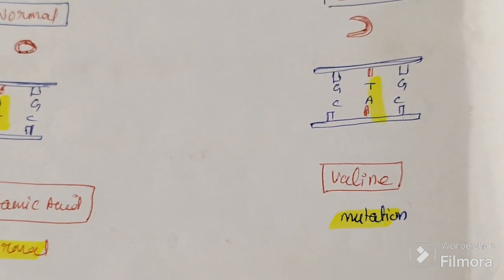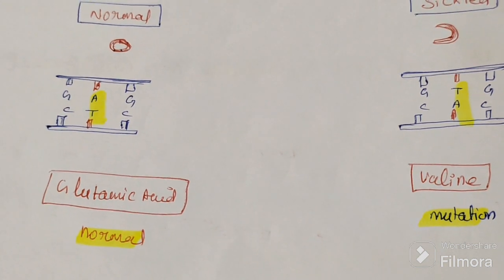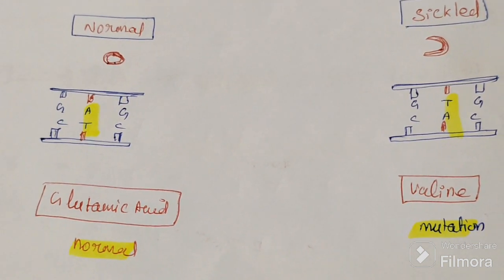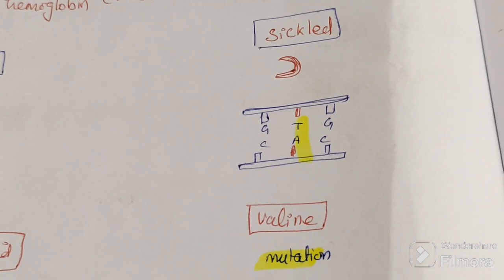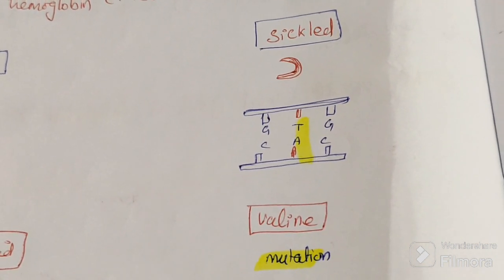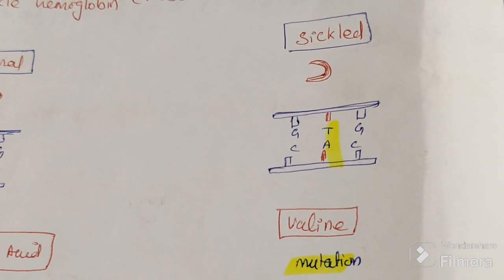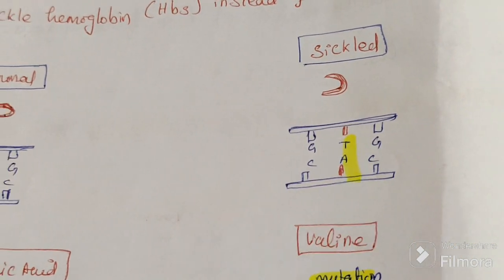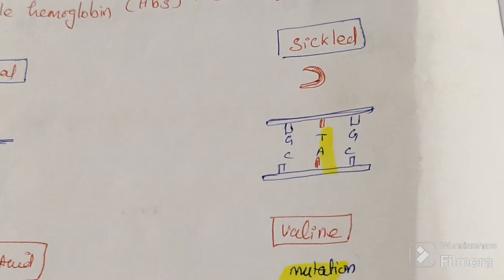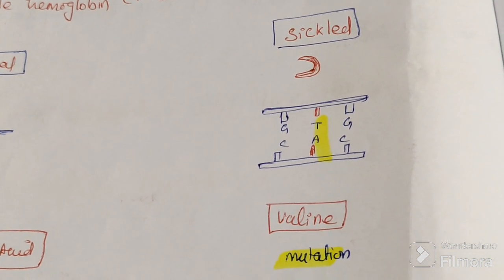So this one was hemoglobin A, the normal hemoglobin, but now this one is hemoglobin S. There is a change in only one amino acid, the sixth amino acid, because there is one point mutation at the sixth number codon.